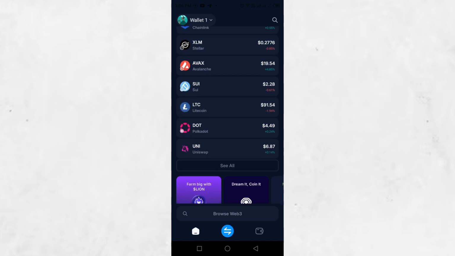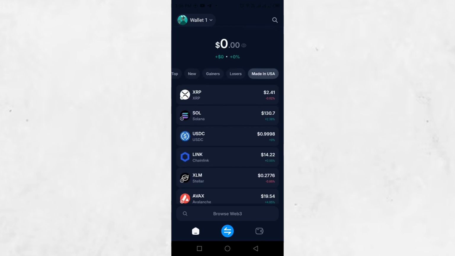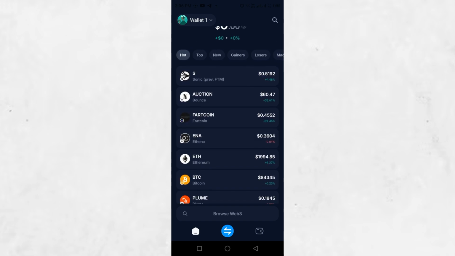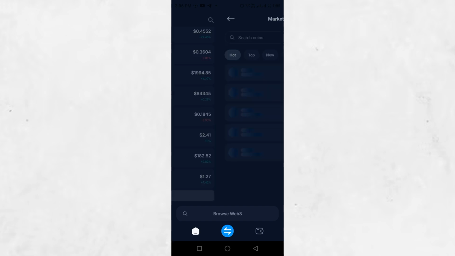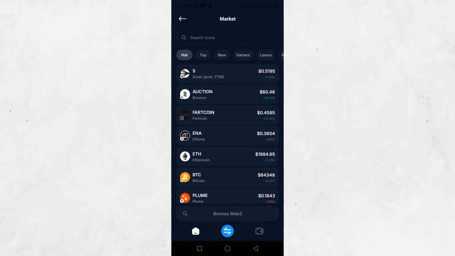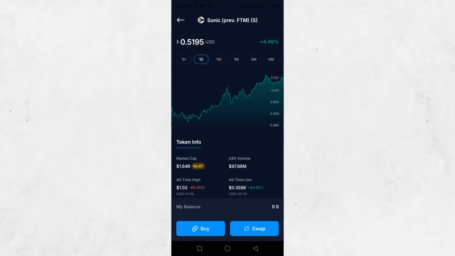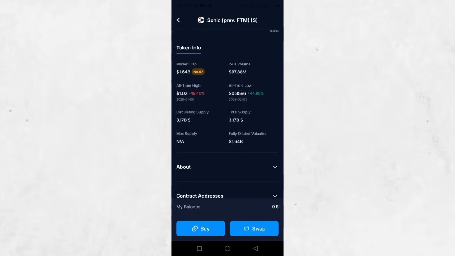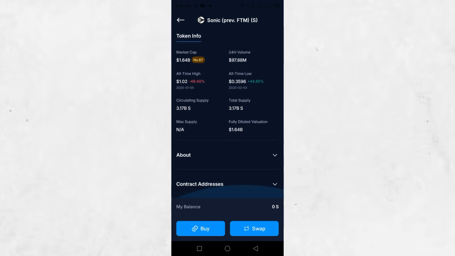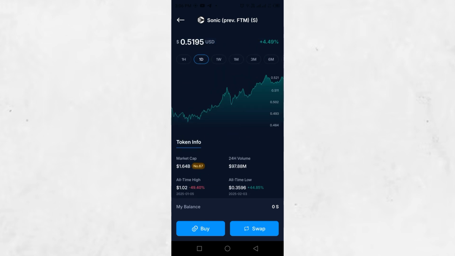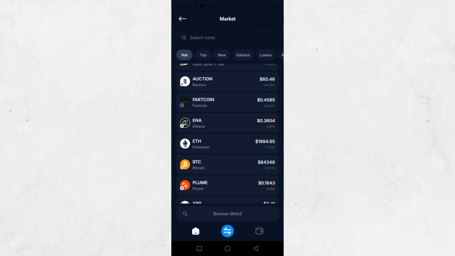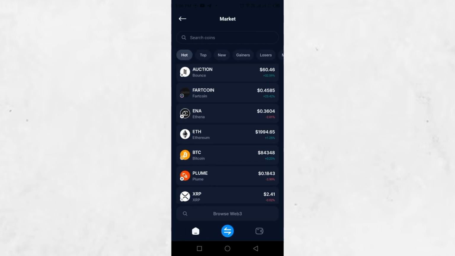The Hot section highlights cryptocurrencies that are currently gaining traction among traders and investors. These assets may be experiencing increased trading volume, significant price movements, or widespread media coverage, making them stand out in the market. This section provides a dynamic snapshot of trending coins, helping users quickly identify which digital assets are capturing attention.